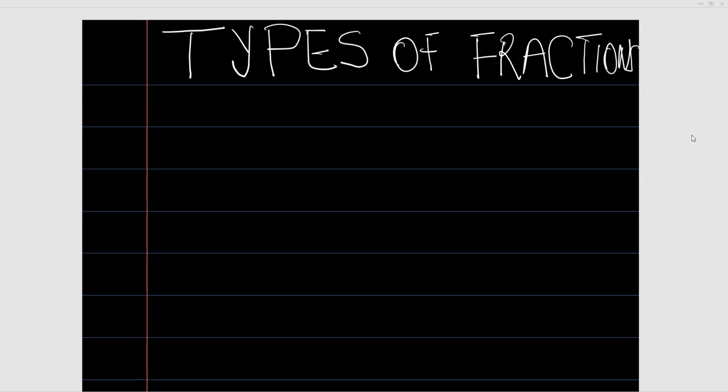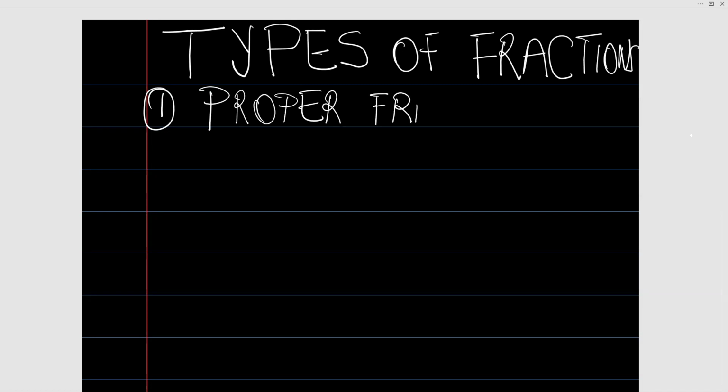There are three types of fraction that we're going to go over today. The first type of fraction is what we call a proper fraction.